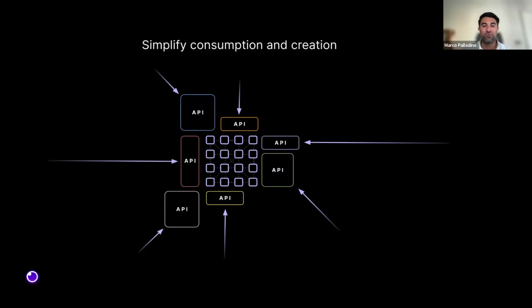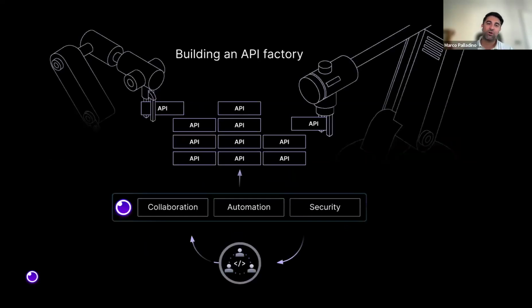And likewise, the consumers need to have an easy way to go and implement the APIs in their applications. And so with Insomnia, we want to provide a product that allows the developer to be productive and create a playbook for designing and consuming APIs. And most importantly, it allows us to do this in a secure way.